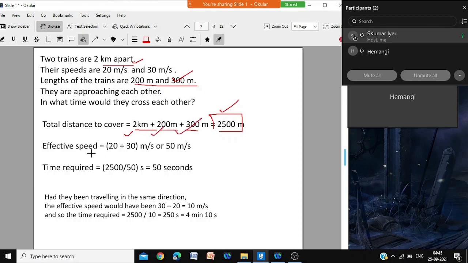When they are traveling in opposite direction, we add the speed. If they are traveling in same direction, we subtract. So 20 plus 30, 50 meter per second. So this is the speed, this is the distance, and dividing gives you 50 seconds.